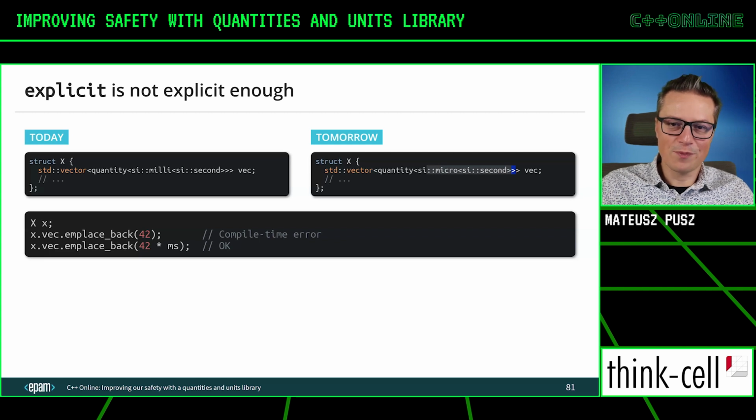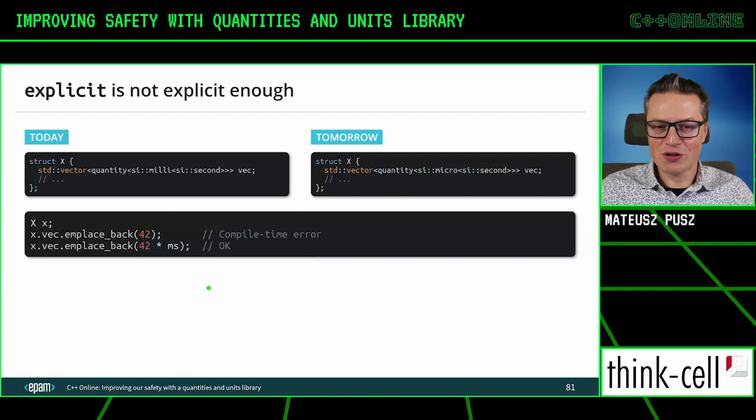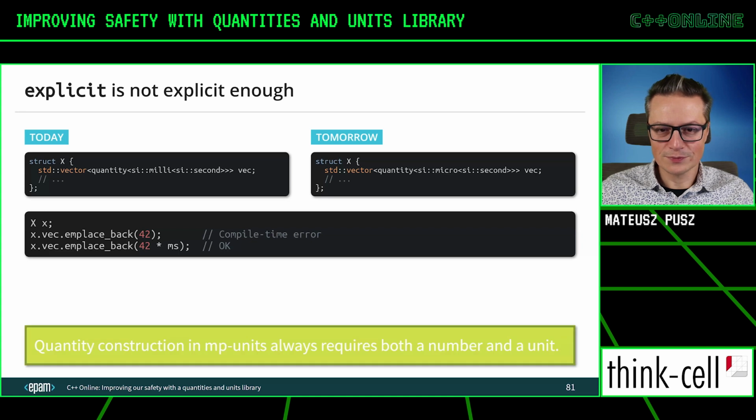This is the safe direction of conversion. If it was unsafe, and someone put something like seconds instead of milliseconds, you will get a compile time error, rather than code compiling fine, silently, and having an error, right?